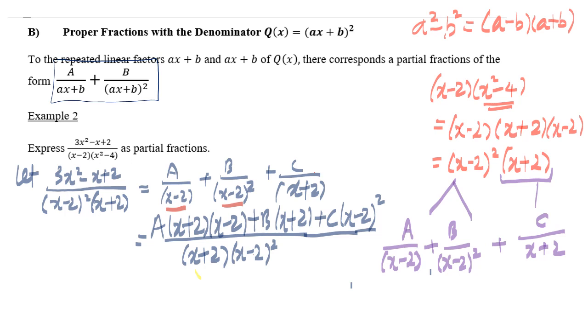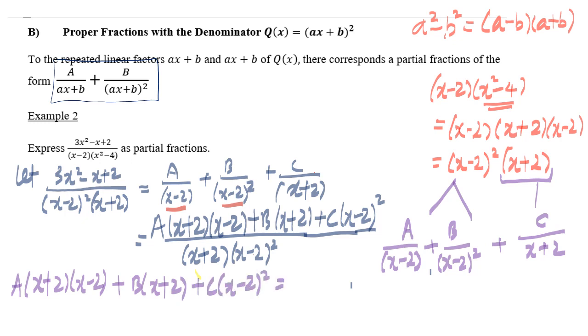Okay, so this is how we go about finding all our numerators. Okay, and then these numerators that we have found will be equal to the numerator on your left hand side, which is 3x squared minus x plus 2.